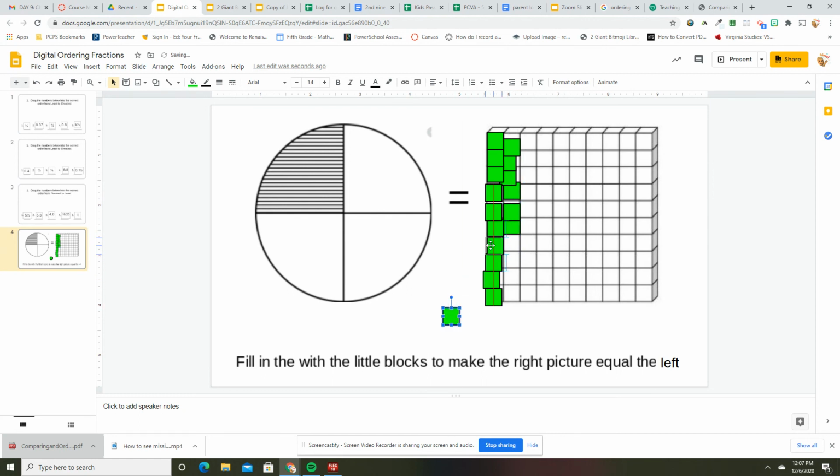I'm almost there. There's almost 20. All right, there's 20. And here we go, 25. So 25 hundredths. Okay. And that is how you do that.